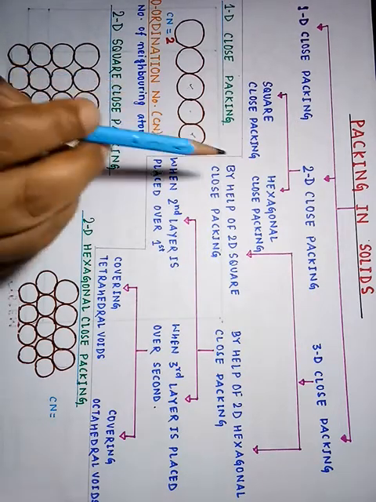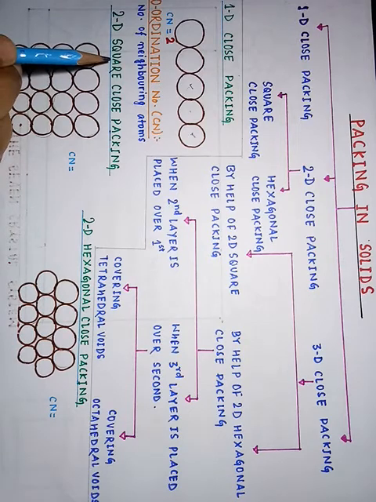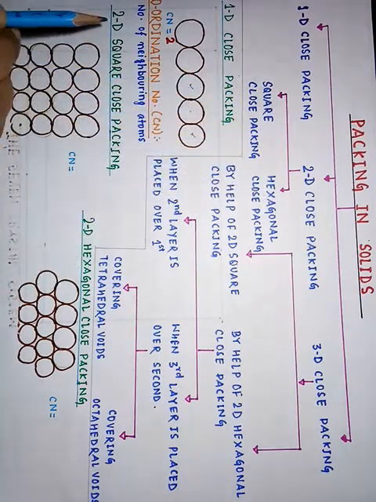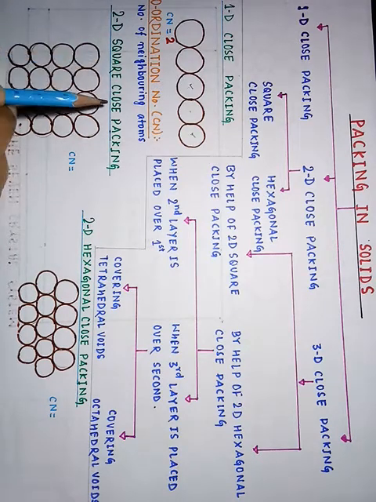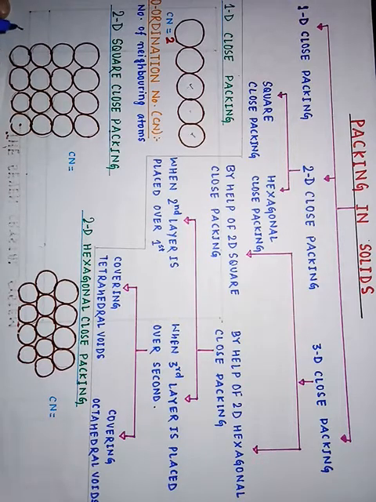Now two-dimensional close packing. In two-dimensional close packing, we have two categories, square and then hexagonal. First, two-dimensional square close packing. Just check out the arrangement here, students. We have this A type of layer. You can see that this layer is of A type, and the layer above it is also of A type.